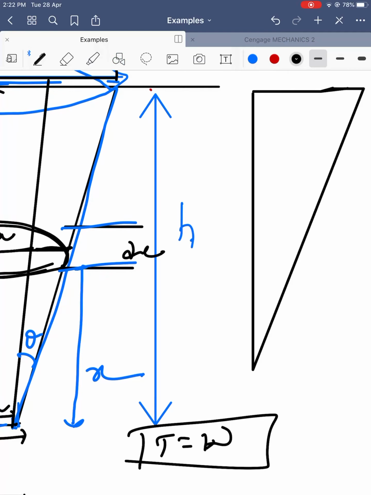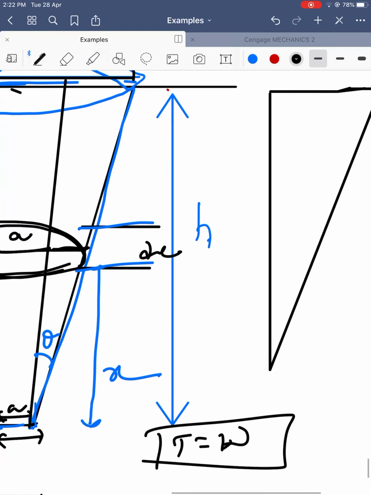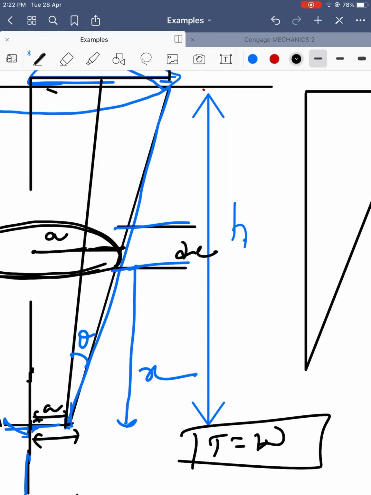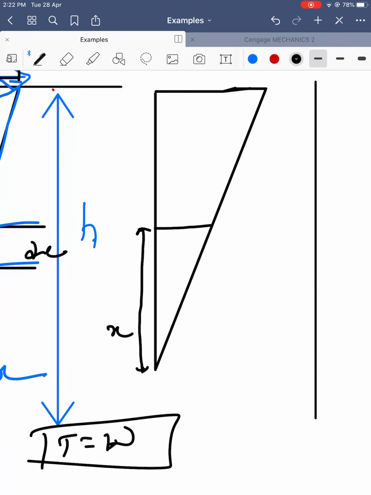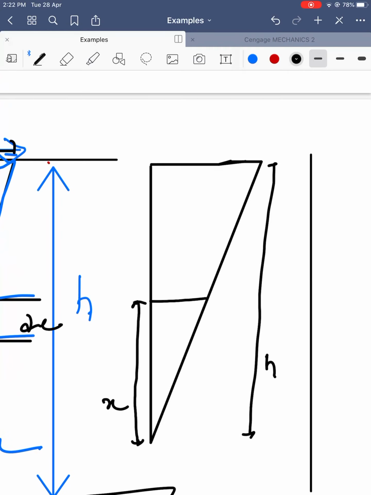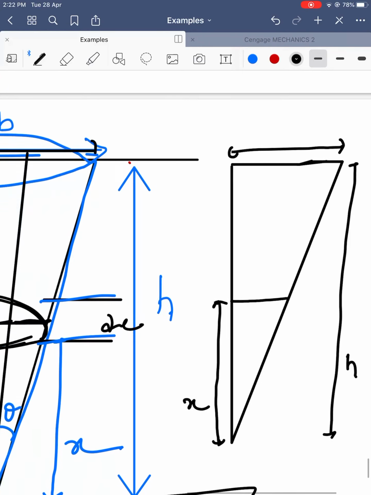A small length area we got. From here to here the height is what? X, and from top to bottom the height is H.